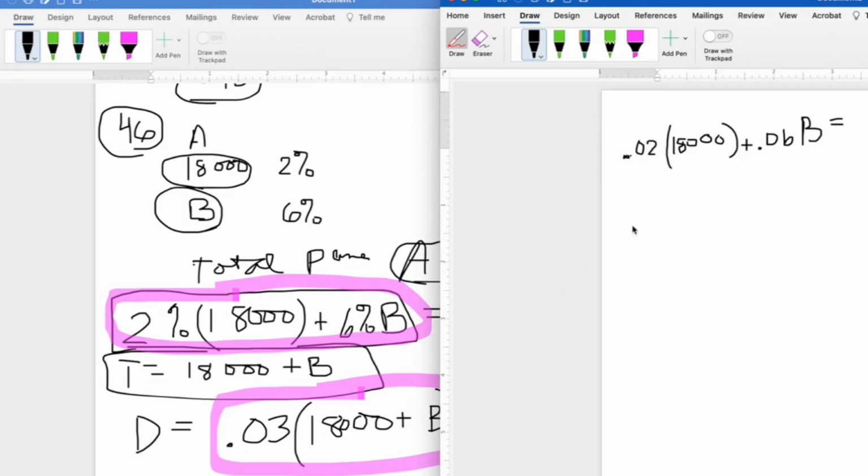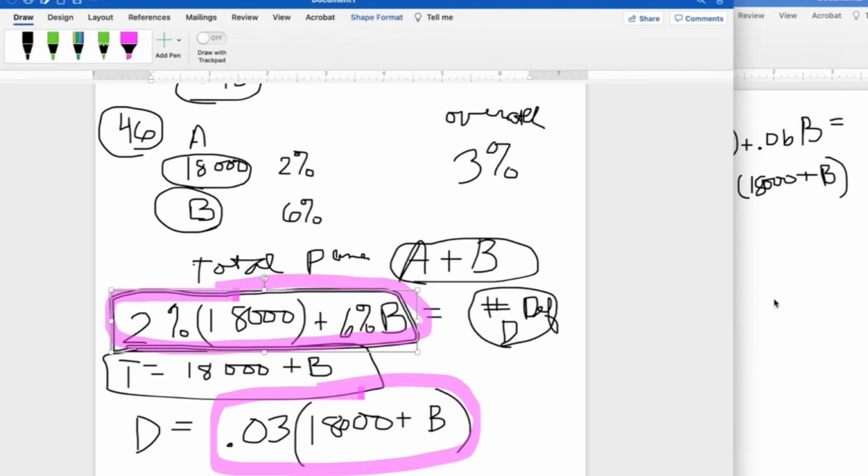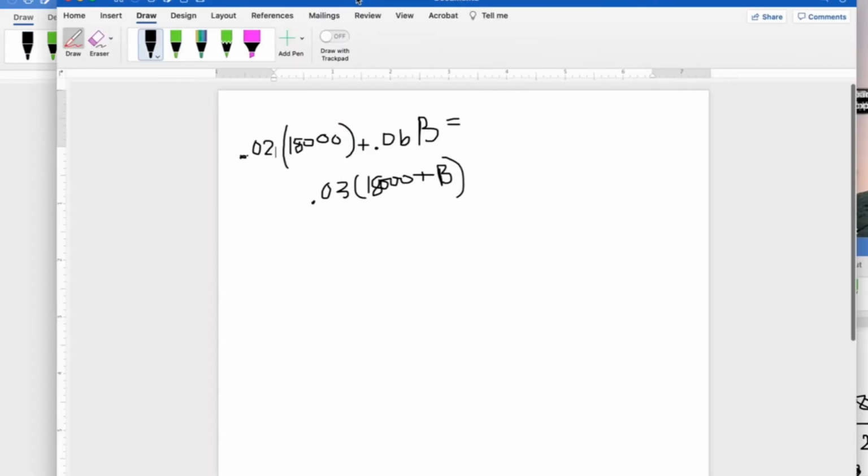So all of this must be equal to 0.03 times 18,000 plus B. I closed that parenthesis too early; it's 18,000 plus B, because that's what this one says right here. Now we've got our equation.